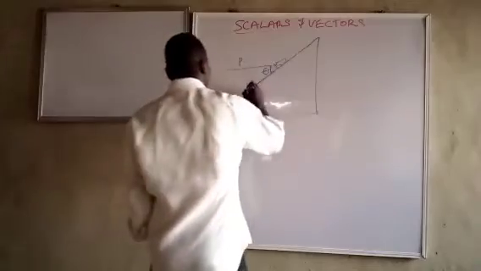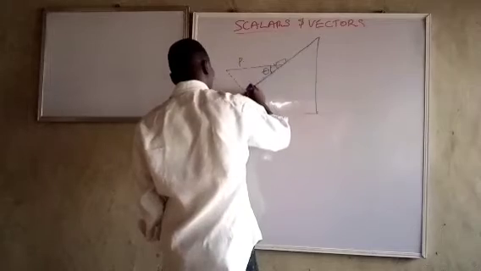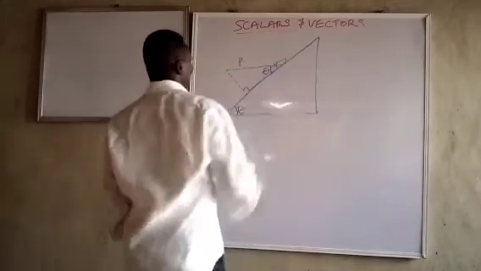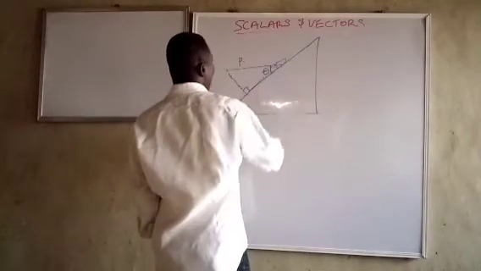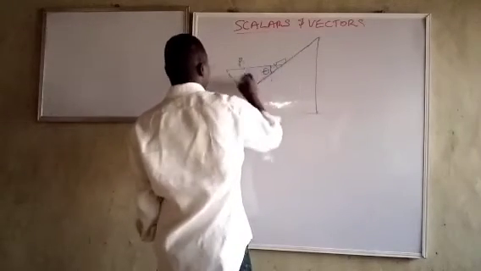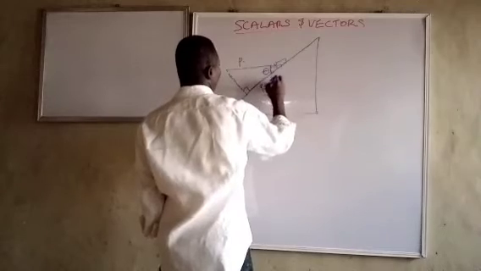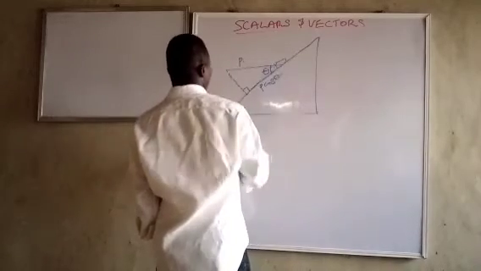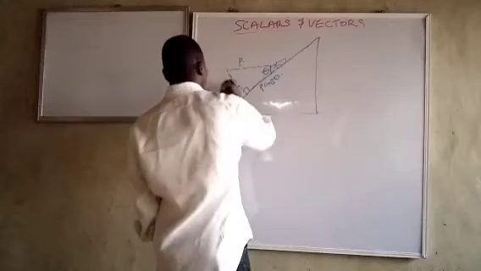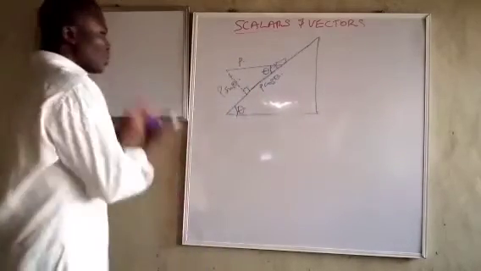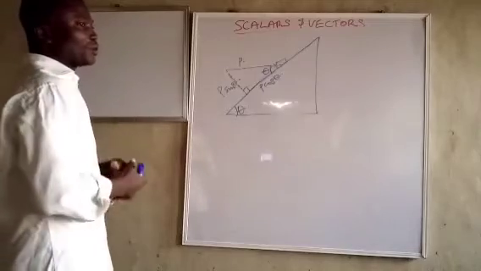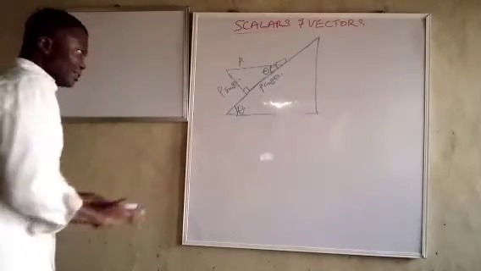And let us draw another perpendicular. So what do we have? Along the plane, we are going to have P cos theta. Perpendicular to the plane, we are going to have P sine theta. So just understanding these facts will help you to solve so many problems with ease.